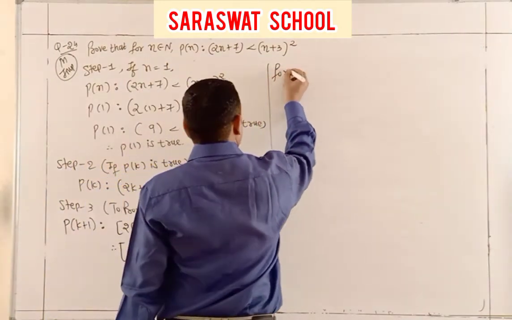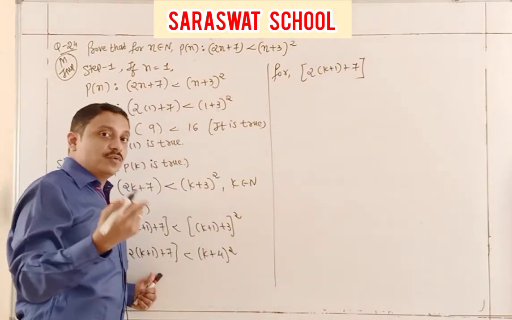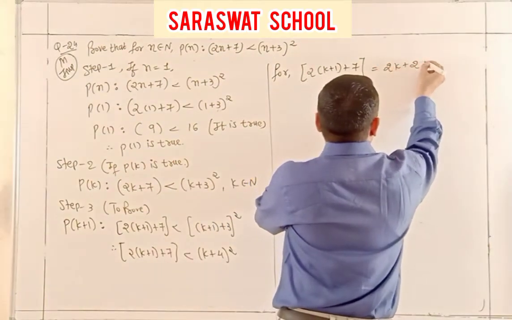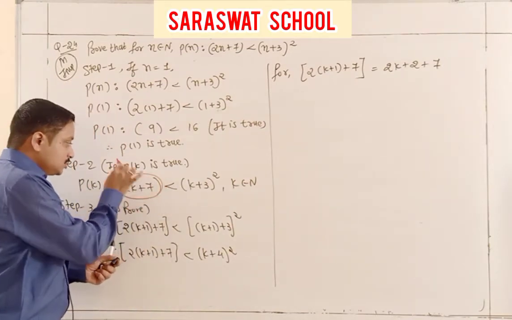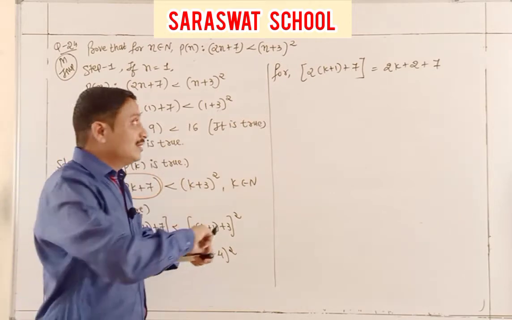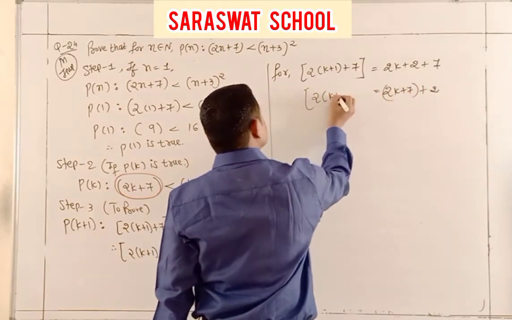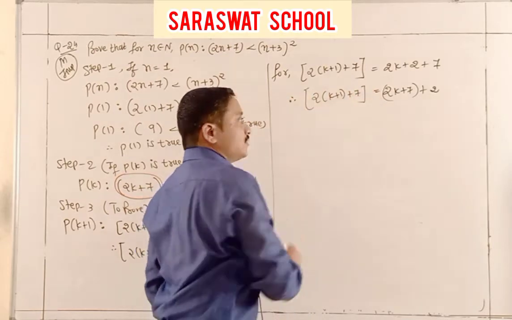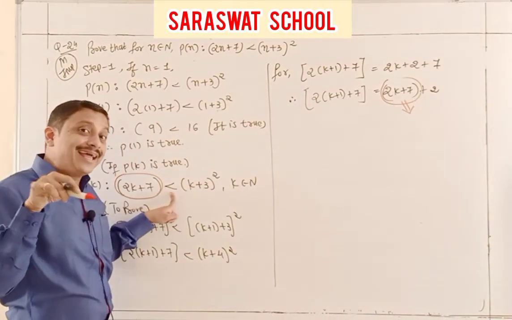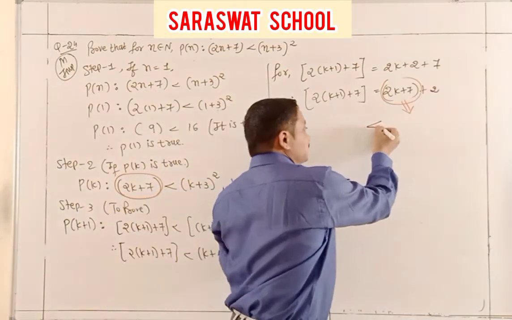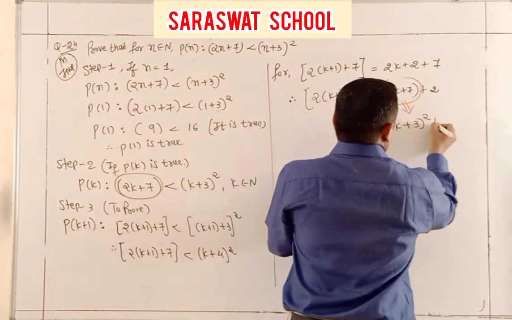What do you get? (k plus 4) whole square, using this. So now I start: 2 times (k plus 1) plus 7 is equal to 2k plus 2 plus 7, but I know from step 2 that 2k plus 7 is less than (k plus 3) whole square.